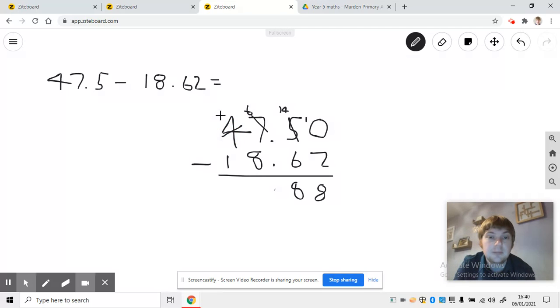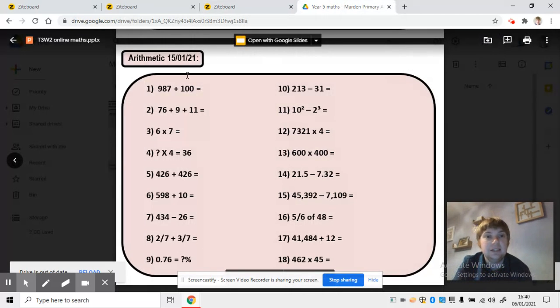We take 1 ten and exchange it for 10 ones. So 16 take away 8, giving us 8. And that leaves us with 3 tens take away 1 ten, which is 2 tens, so 28.88.